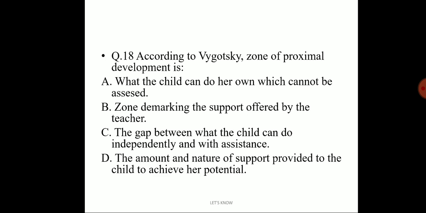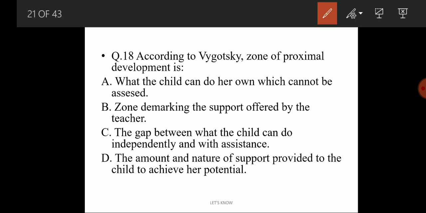According to Vygotsky, what is actually the zone of proximal development? We all know, he says each and every individual has some capability up to which he can solve. Suppose this is the area up to which he can solve by himself.